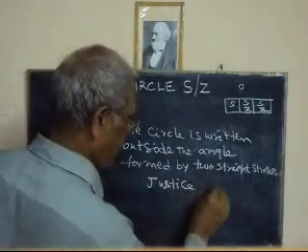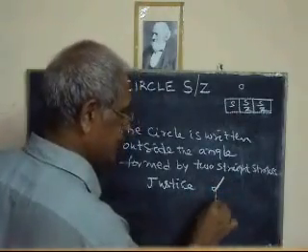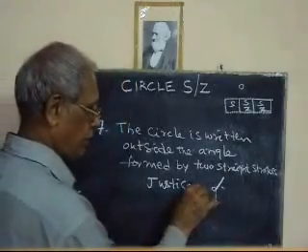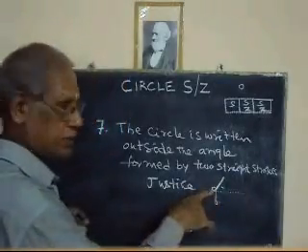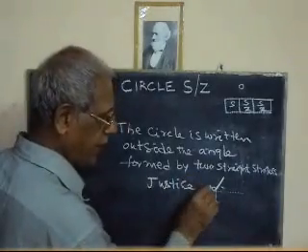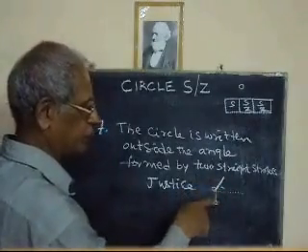Justice. Outside the angle. This is the angle. The circle is written outside the angle formed by two straight strokes.